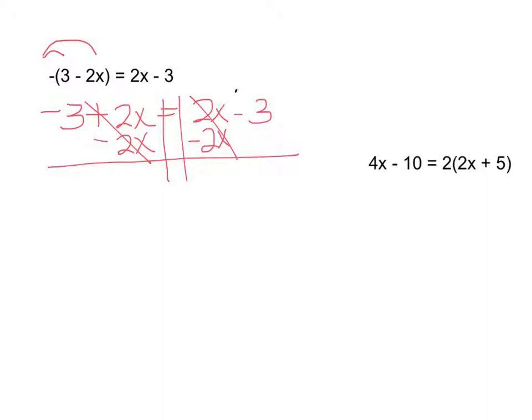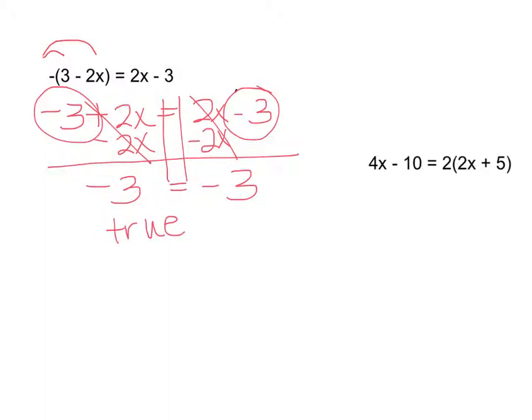And when that happens, we have one of those special cases, and we bring down the negative 3 that's left on the left side of the equal sign and bring down the negative 3 that's left on the right side of the equal sign. And this statement is actually true. Negative 3 really does equal negative 3.